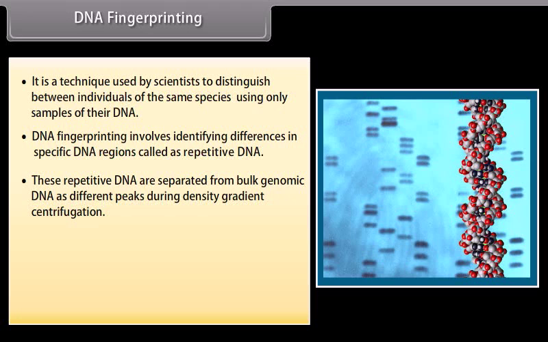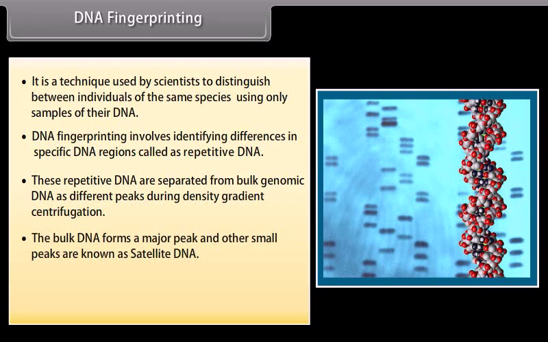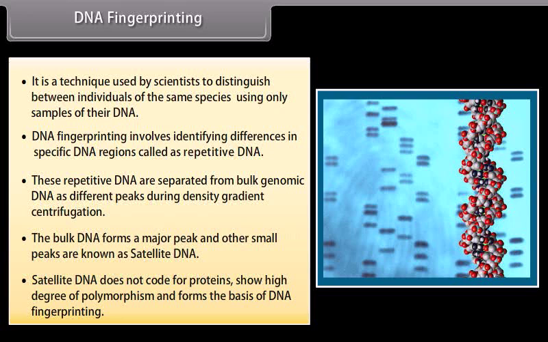These repetitive DNA are separated from bulk genomic DNA as different peaks during density gradient centrifugation. The bulk DNA forms a major peak, and other small peaks are known as satellite DNA. Satellite DNA does not code for proteins, shows a high degree of polymorphism, and forms the basis of DNA fingerprinting.